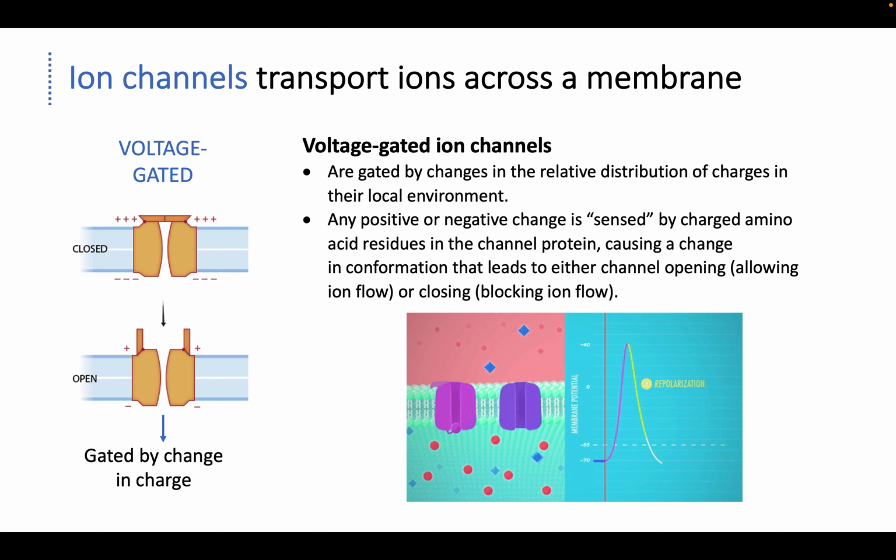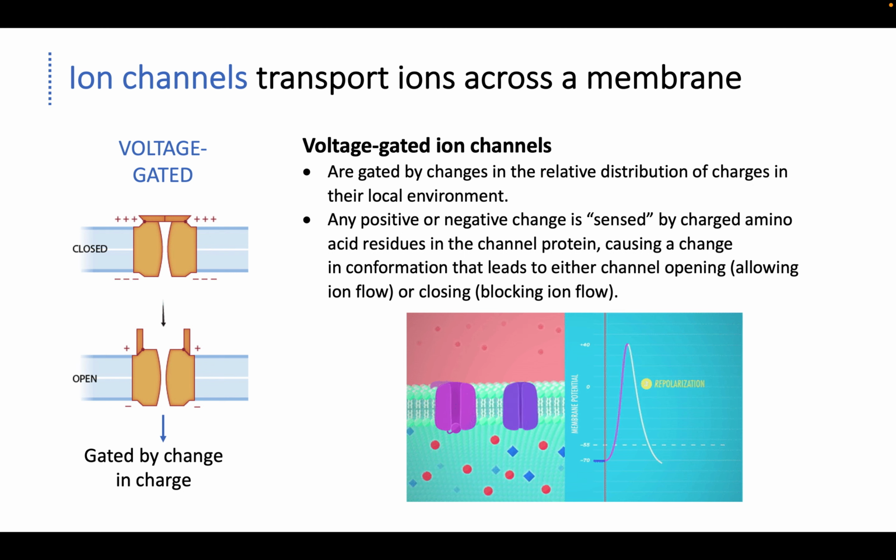They sense the change in the electrical charge across the plasma membrane. And when they do so, if it is the correct change for that particular channel, it will cause that channel to open, right?